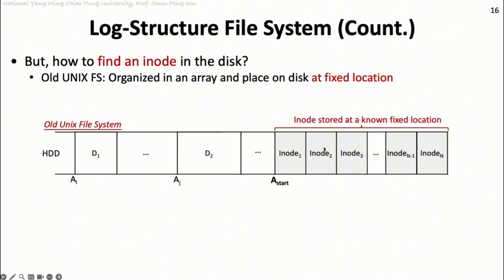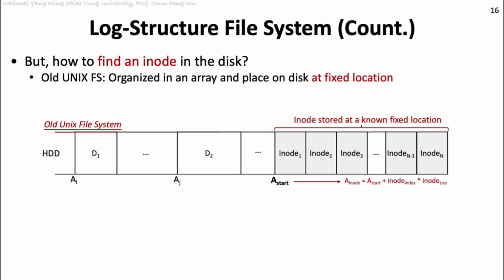So for example, if we are going to get an inode, it is A star plus the inode index times the inode size. Okay, so one important thing here is that the inode size is a fixed size. The reason we can do it like this is because the inode size is fixed.